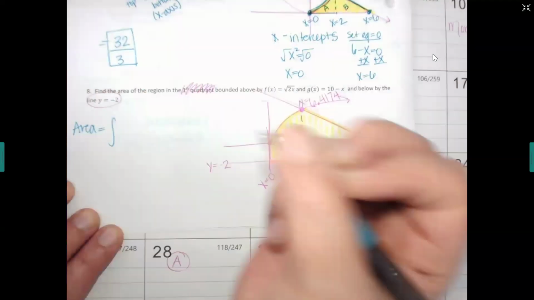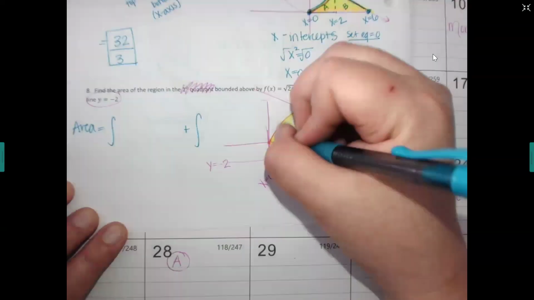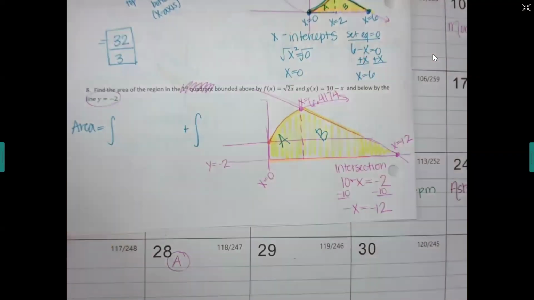So you should have one integral plus another. This is your region, subregion A. For A, what are my endpoints?